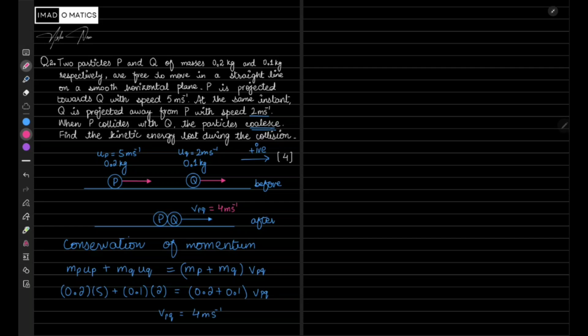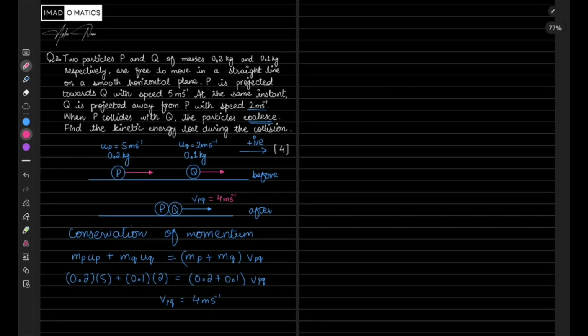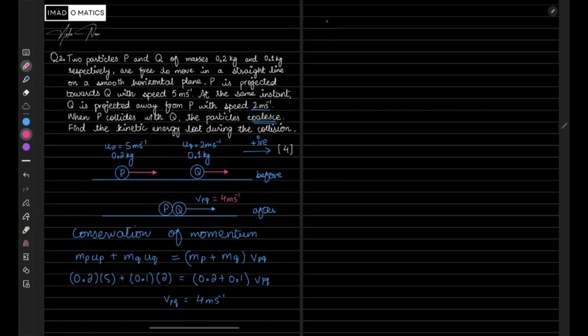Now what we actually need to find is the loss in kinetic energy. So as we know, what does loss mean? Loss in kinetic energy means the initial kinetic energy was more and final is less. So we are going to do initial kinetic energy minus final.